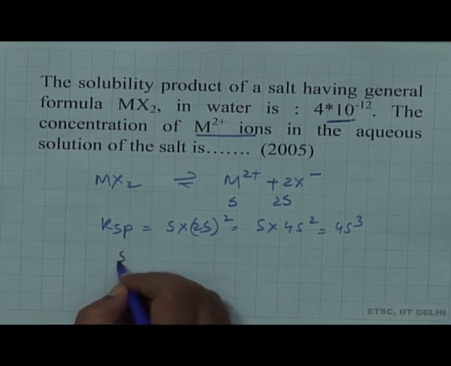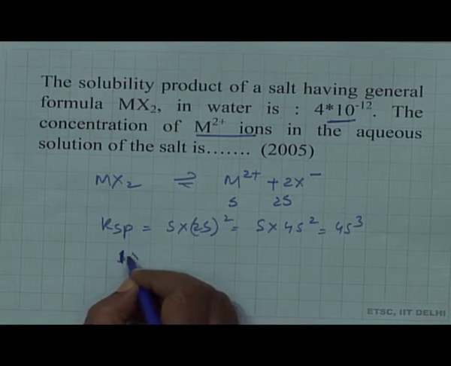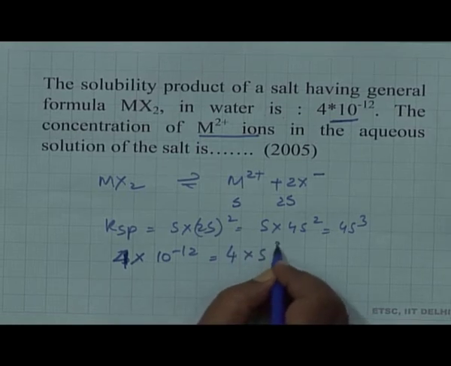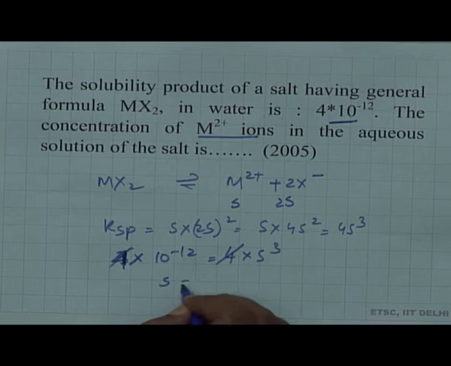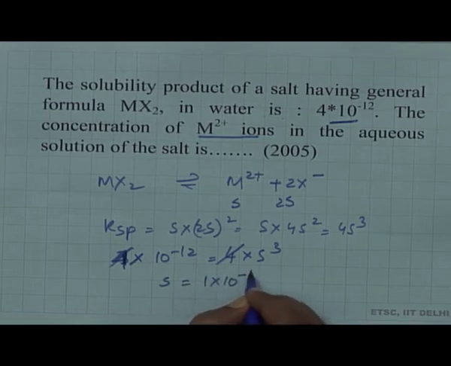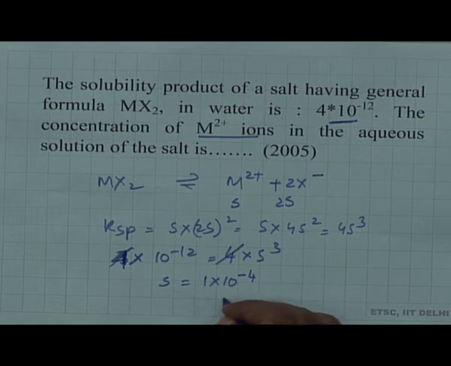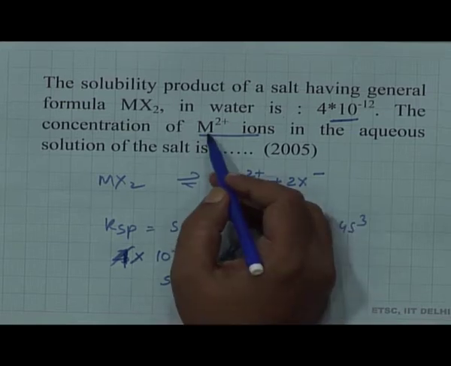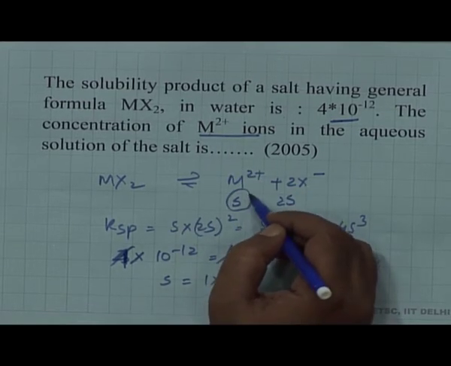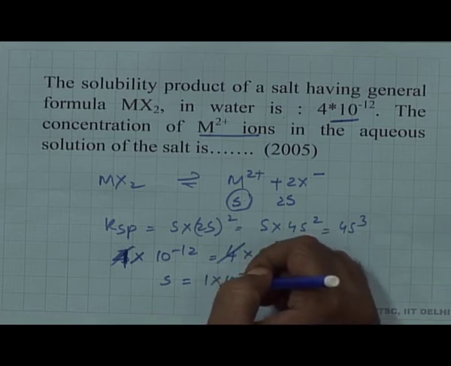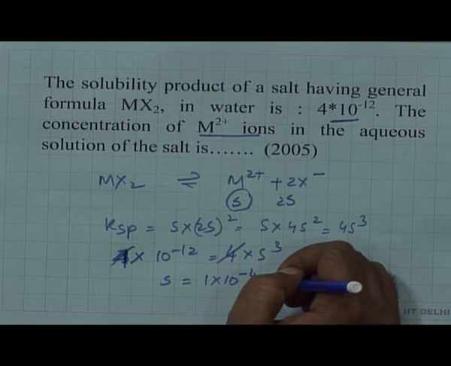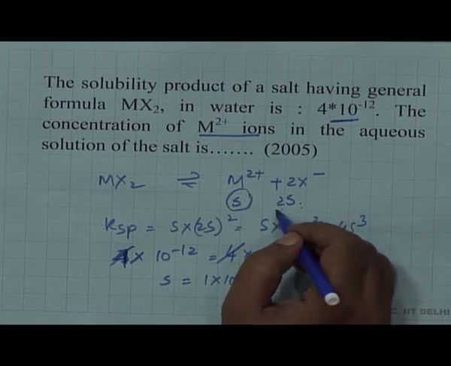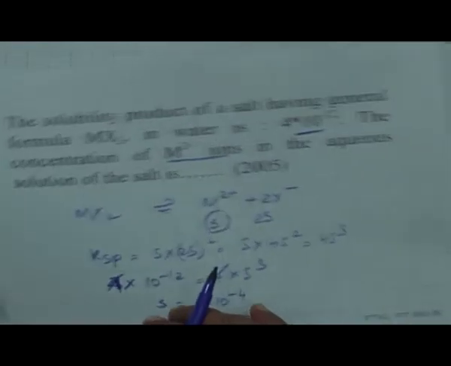You have been given Ksp equal to 4 into 10 to the power minus 12, and this is equal to 4S cube, 4 cancels out. So, S will be 1 into 10 to the power minus 4. So, solubility can be calculated if we know solubility product, and concentration of M2+ is S, that is 1 into 10 to the power minus 4, whereas if you want to calculate the concentration of X-, it will be 2S, meaning 2 into 10 to the power minus 4.